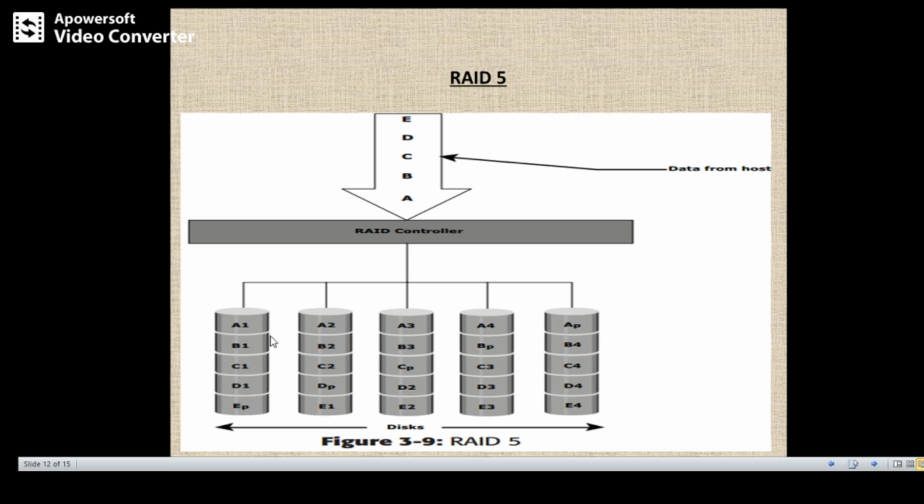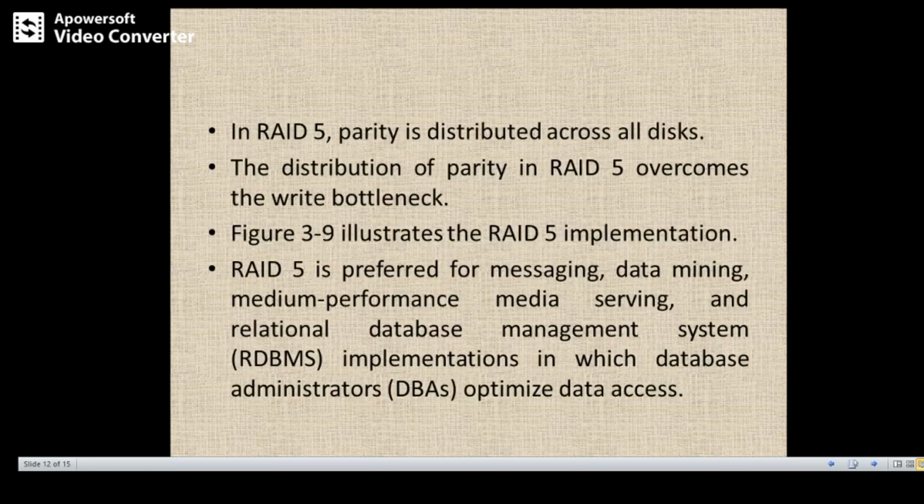So if these two disks fail, we can somehow manage the data recovery by taking the parity value as well as the actual data value. But if more than that fail, we cannot recover or reconstruct our data.